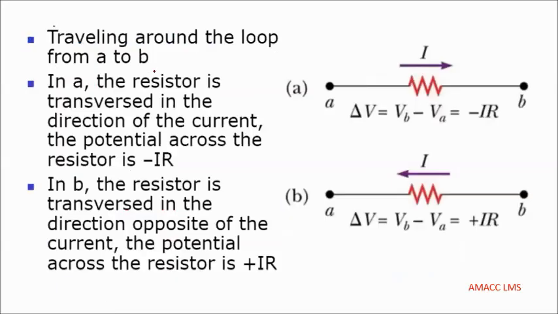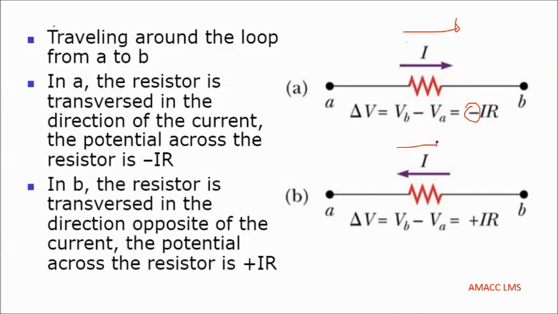For the travel sign convention, we travel from point A to point B to the right. If the travel direction and the I direction are the same, then we have a negative IR.